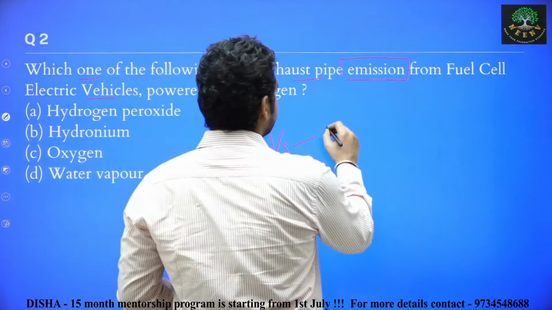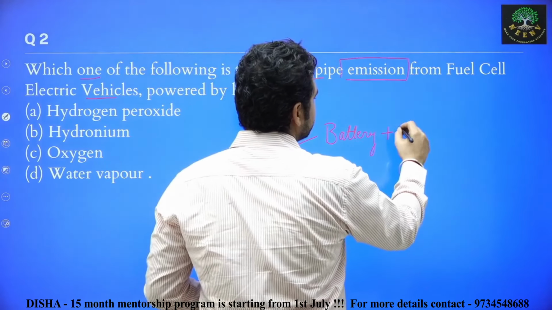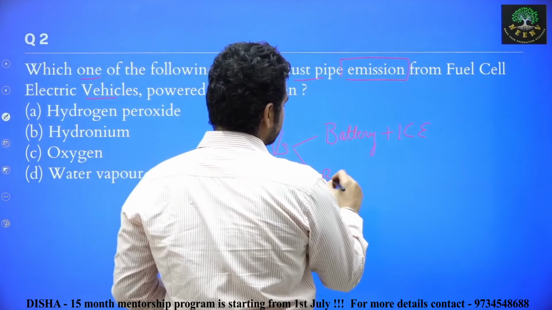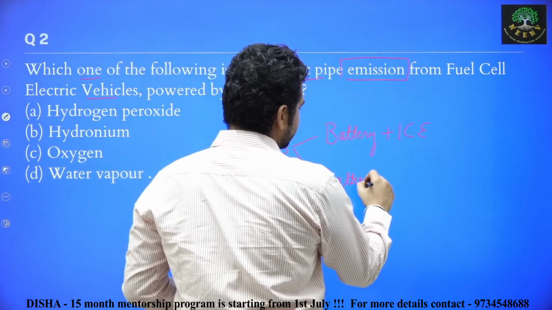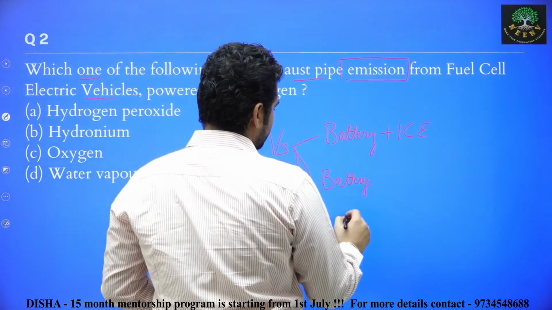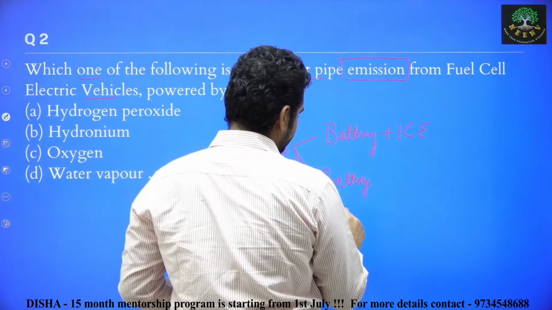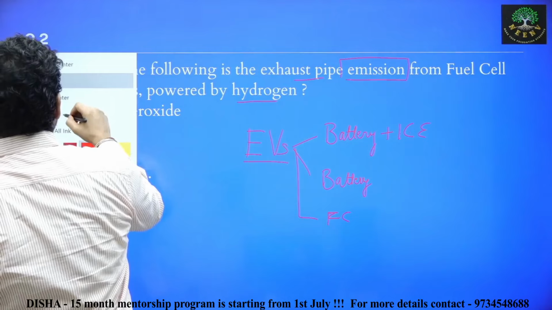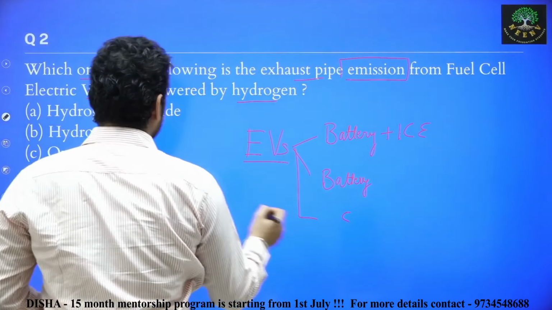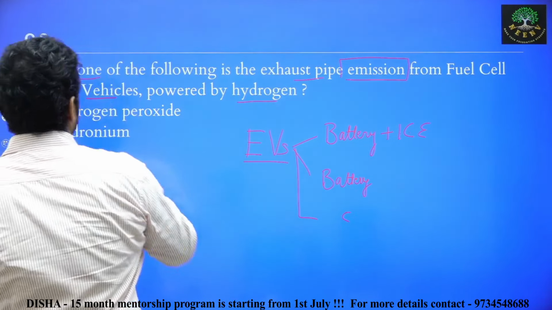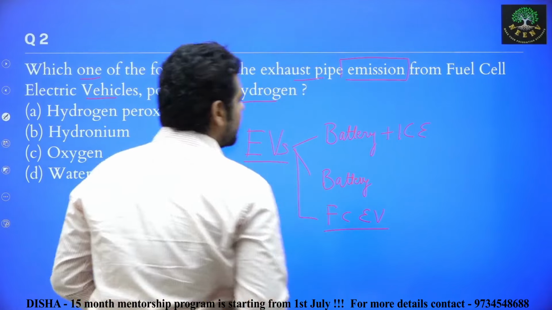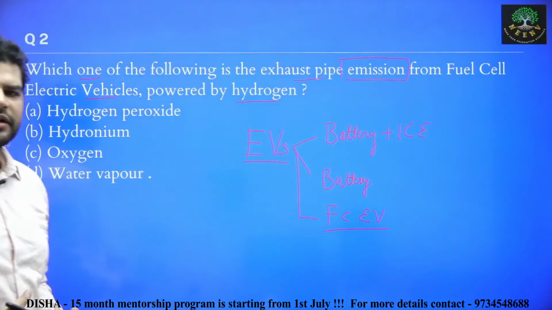They are based on battery plus other fuels like an ICE engine, combustion engine, or just battery, completely electrical, and fuel cell EV. So there are different types of electric vehicles.